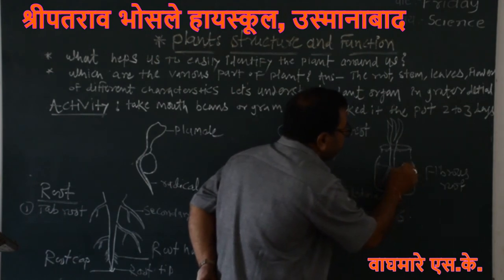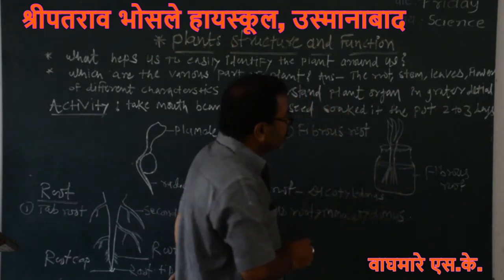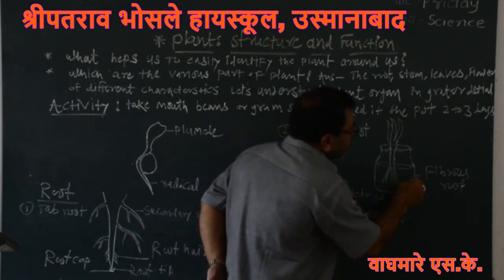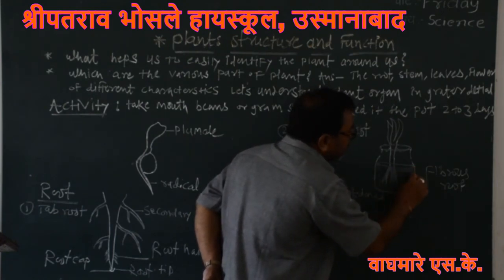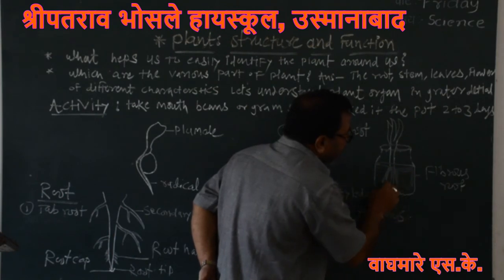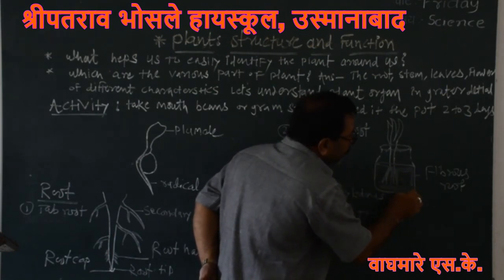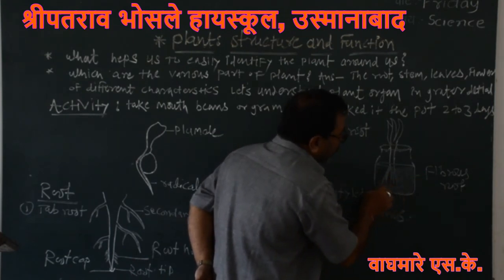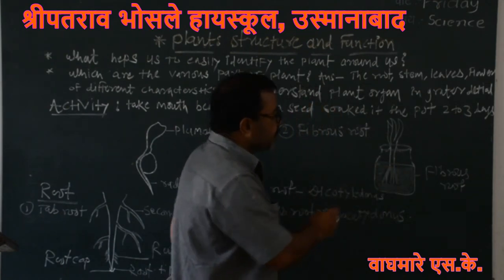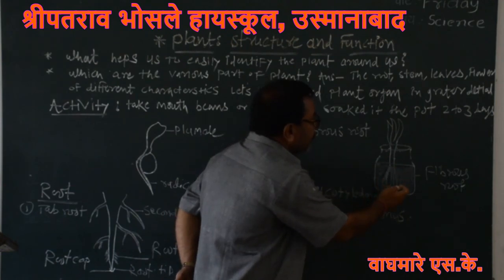Take about 3/4 of the jar with water and keep it for 2 to 3 days. Then what will happen there? We observe after 3 to 4 days that the water level is decreasing.